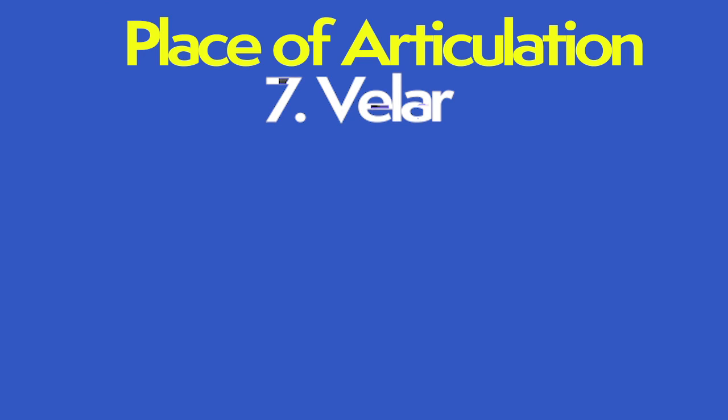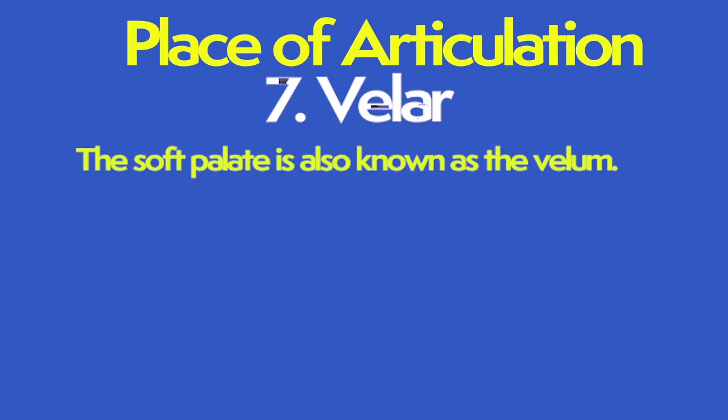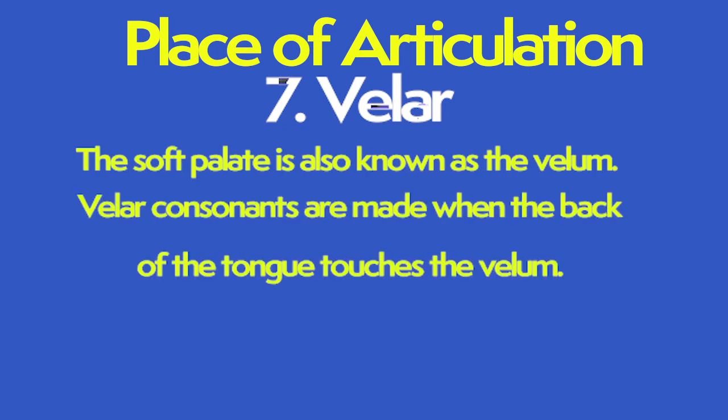Velar. As you know, behind the hard palate, there is a soft palate. This soft palate is also known as a velum. You make velar consonants when the back of the tongue touches the velum. There are 4 velar consonants. There is one nasal velar consonant.